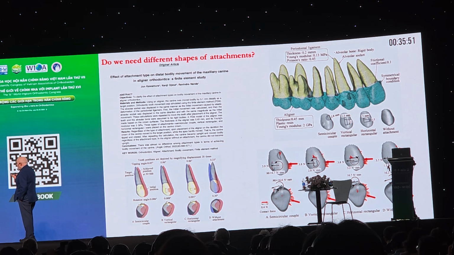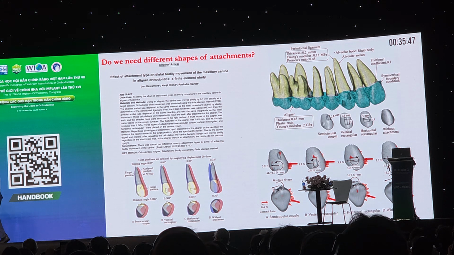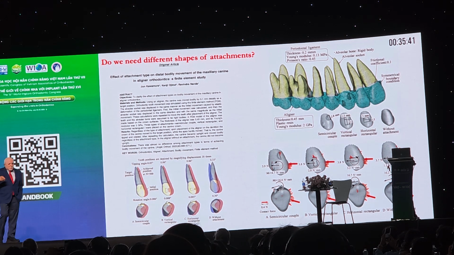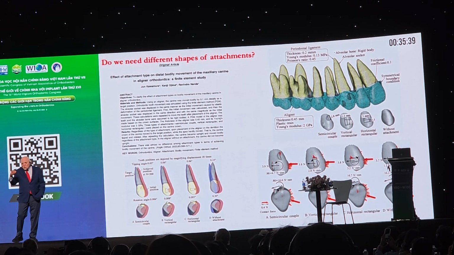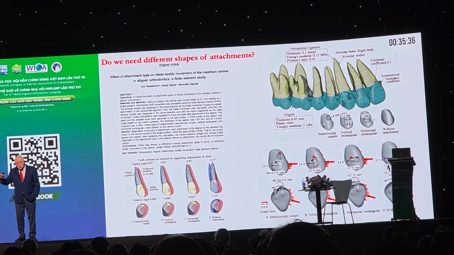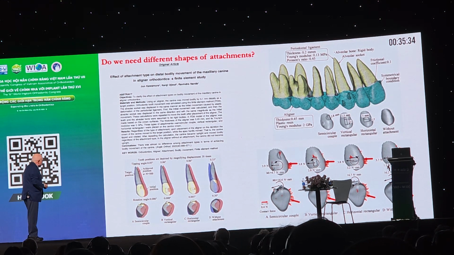And what he came up with was, you take the aligner and put it on all the teeth, and you are putting a force system on the attachments, and you are hoping that adjacent teeth are not going to move as much.